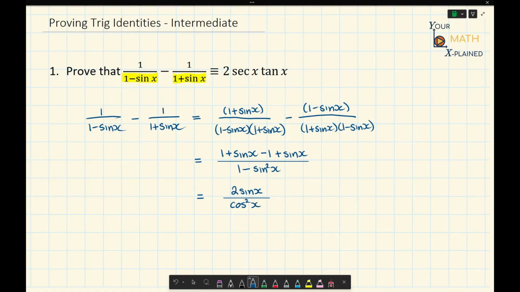And now we just need to use our quotient identity, and this is equal to 2 times, so one of them is going to be sine x over cos x, which is just tangent x. And then we have an additional cos x in the denominator. So 1 over cos x, that would just be secant x. And that is exactly what we have on the right-hand side. So this is where we would stop.